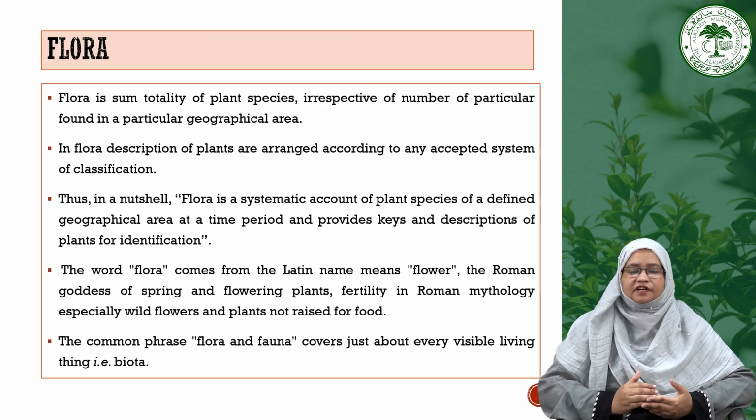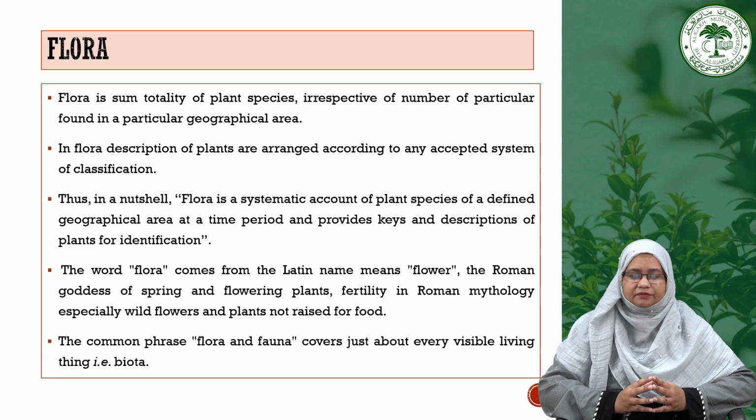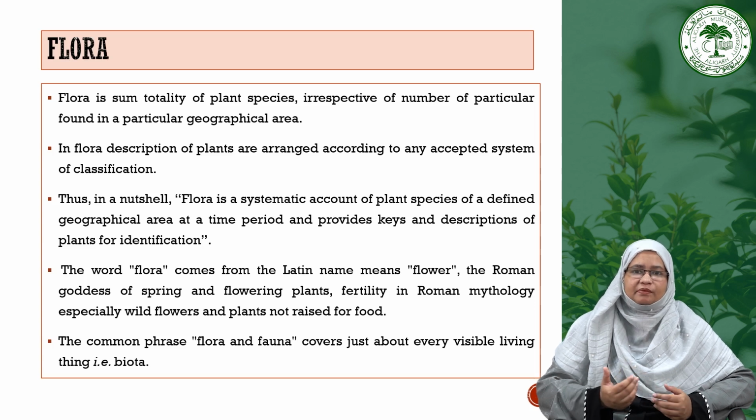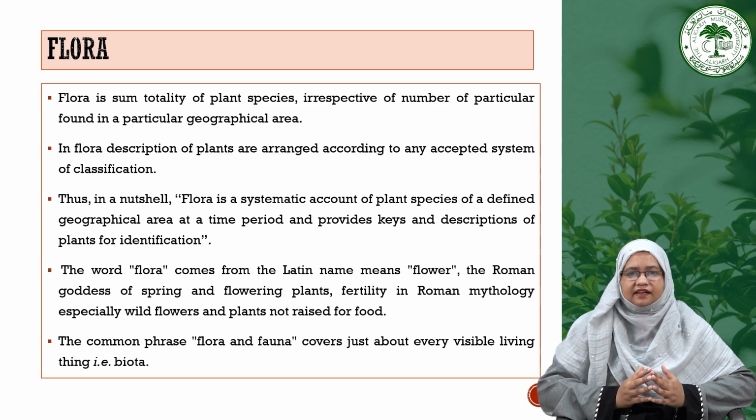Then, a flora is the sum totality of plant species, irrespective of their number, found in a particular geographical area. It just represents how many plant species are present in a particular geographical area. Suppose I say the flora of Aligarh; that flora includes all the plant species present in the Aligarh region.